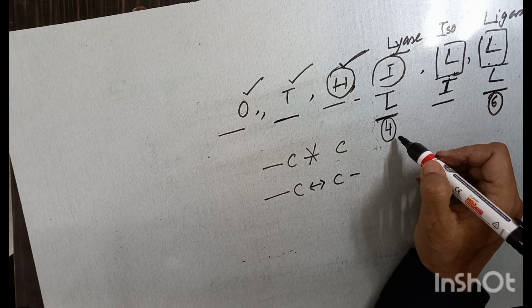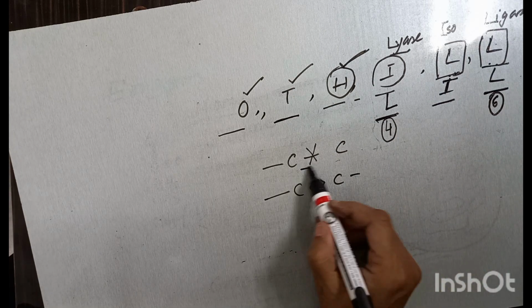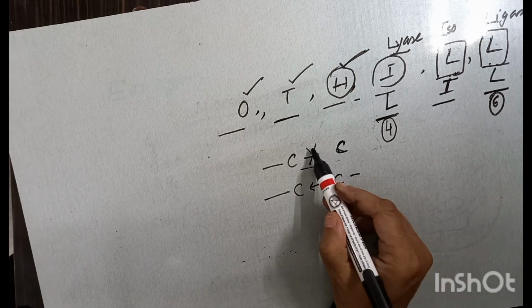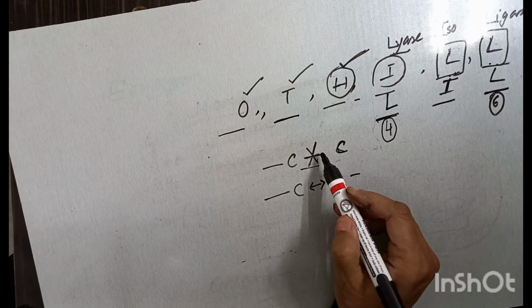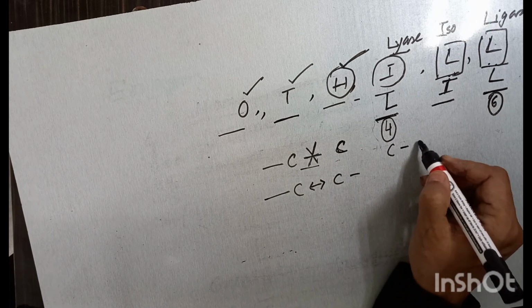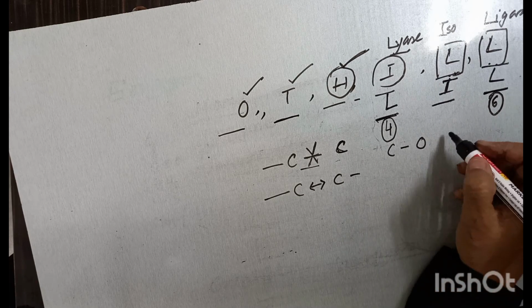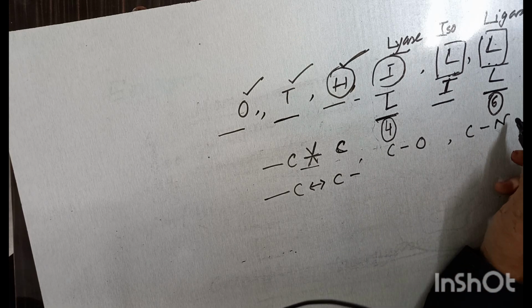Lyases break a molecule, and depending upon the atoms, if the lyase is breaking the bond between two carbons, it is called a CC lyase. If the bond broken is between carbon and oxygen, then it's a CO lyase. If it breaks the bond between carbon and nitrogen, it is a CN lyase.